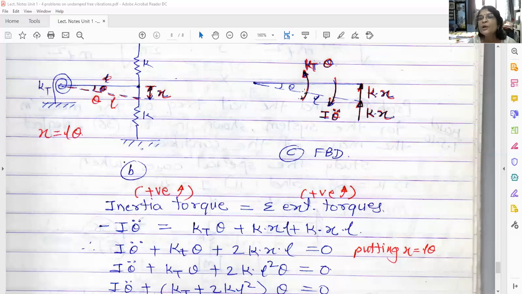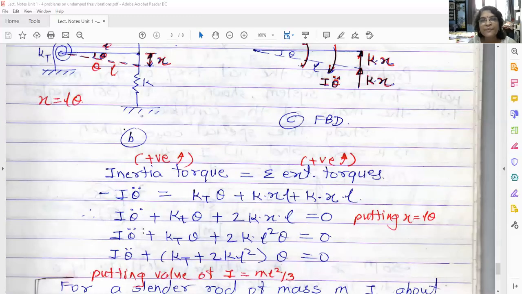So now forget about this. Directly we'll write down Kx into what is this distance? L into theta. So see this step: I0 theta double dot is equal to K into L theta. Don't write down x here, otherwise you will get confused. K into L theta, plus this spring also K into L theta.